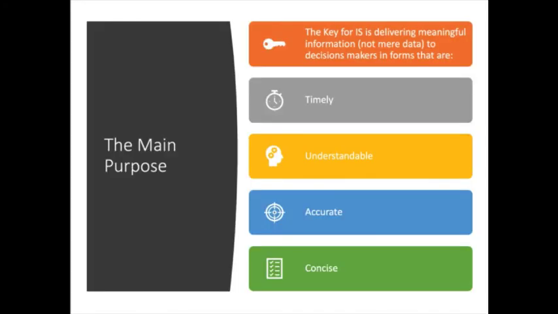In addition, then, as you see the second bullet point on the slide, of course, the information has to be designed and parsed in such a way that it is easily understandable to informed and trained decision makers. Now, to the complete outsider who has no understanding of how this particular company or business works, of course, the information may not be understandable.